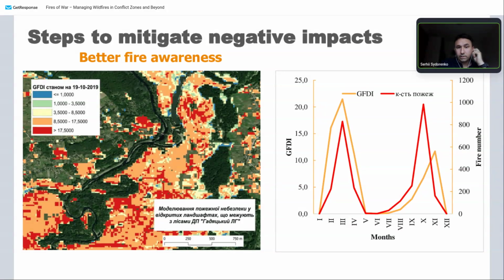And we found that this system works amazingly well, even for Ukrainian conditions. Of course, we changed coefficients, we changed thresholds for classes, and after it, we see that it's really worth using in combination with the fire danger rating system for forest. So both systems should be used together.